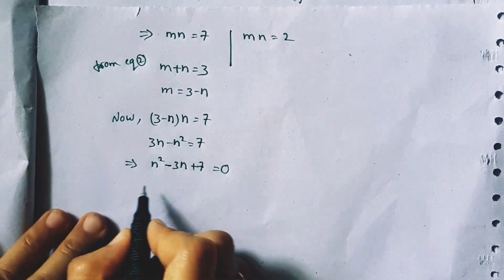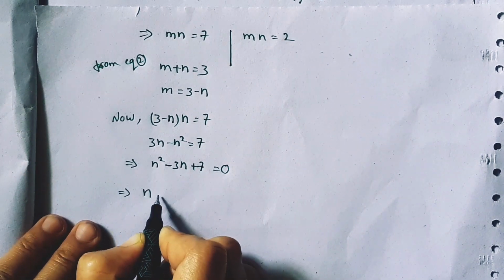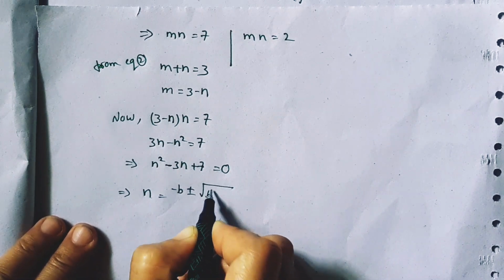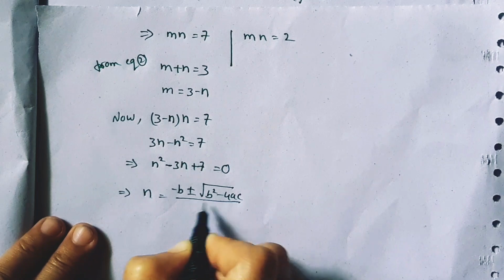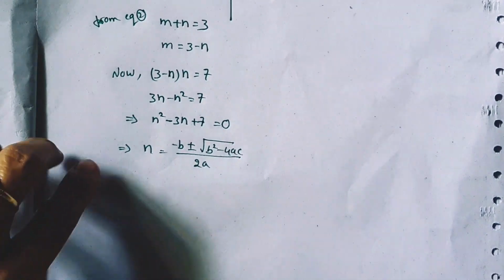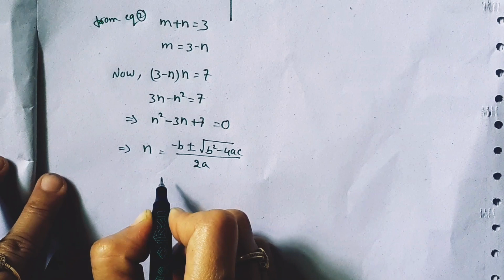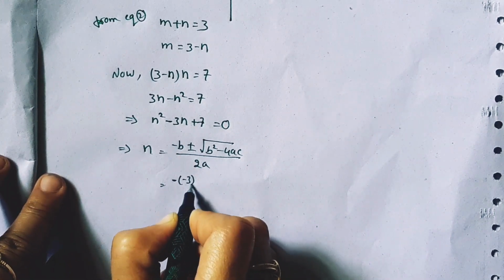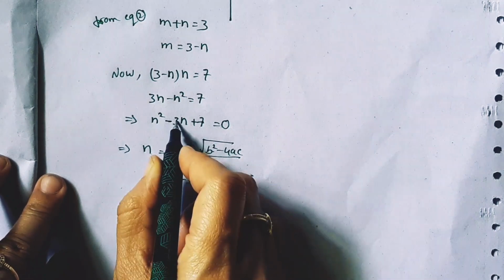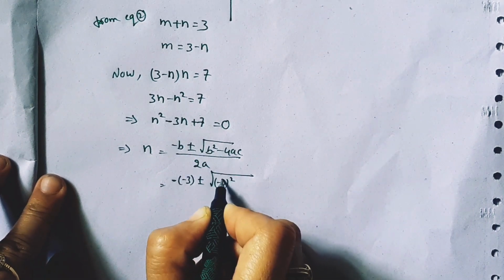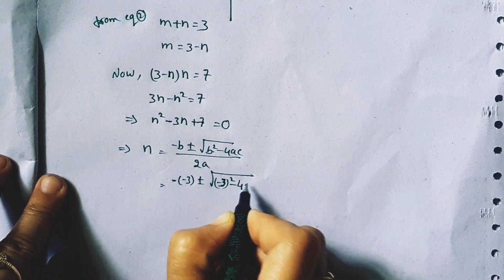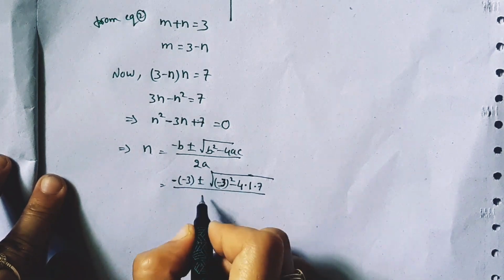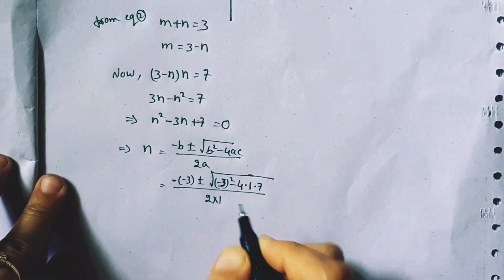Now we need to find the value of n here. We know the formula, n equal to minus b plus or minus square root of b square minus 4ac, divided by 2a. So from this we can write minus b, here already minus 3 is there, so 3 plus or minus square root of b square, means minus 3 whole square, minus 4 into a which is 1, c which is 7, divided by 2 multiplied by 1.